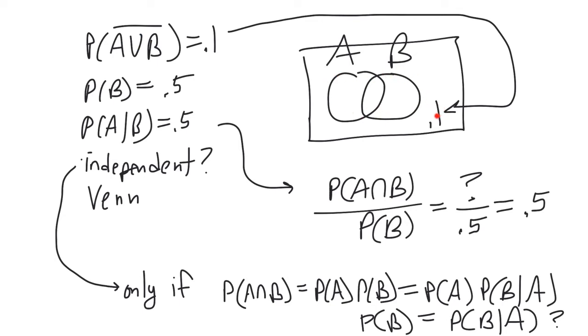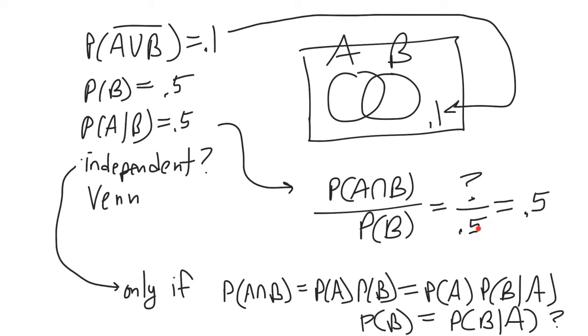It's outside of that. So 0.1 would go right here. Okay, now, probability that's in B is 0.5. In there has got to be 0.5. Could be somewhere in there or in there. Probability of A given B. Well, we know this formula, that the probability of A given B is A and B over probability of B.